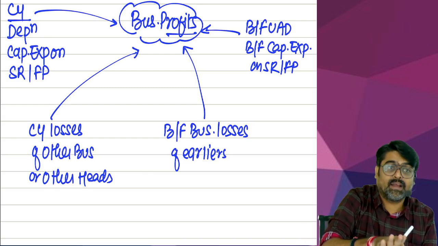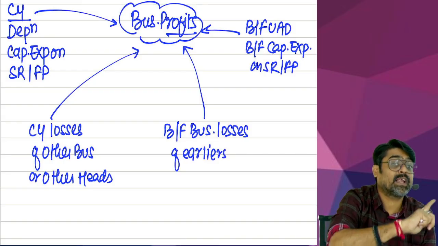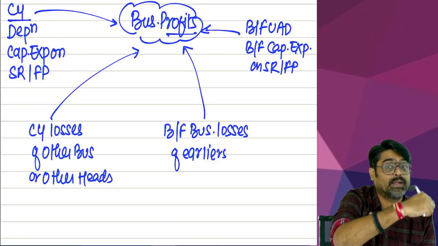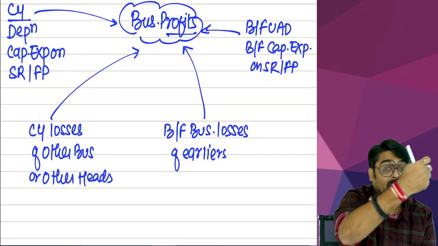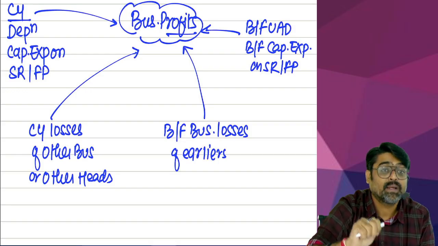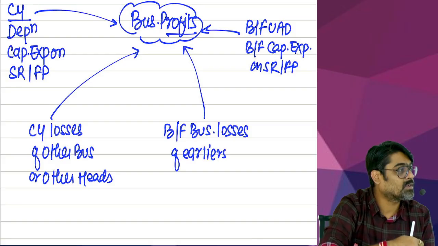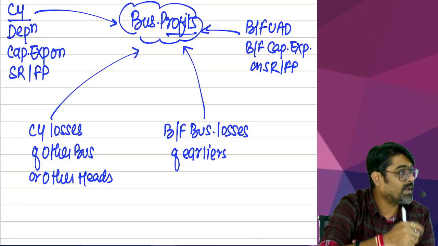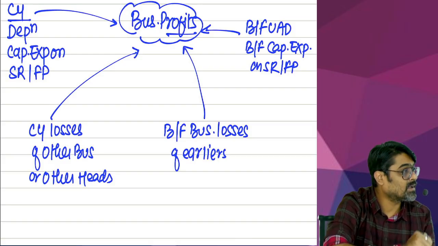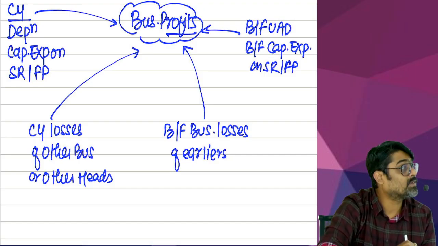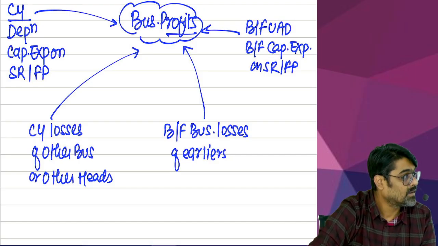So after the carry forward, the unabsorbed depreciation can be set off against business income also, and it can be set off against other incomes also, yes or no? Except salary. After the carry forward, the unabsorbed capital expenditures on scientific research, family planning can be set off against business income also and other incomes also, except salary.